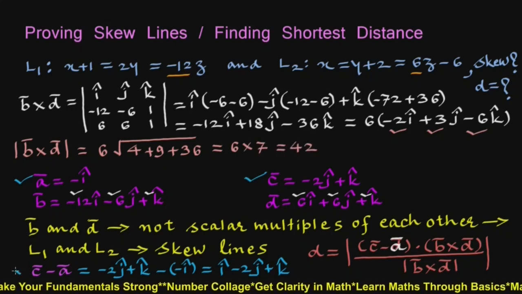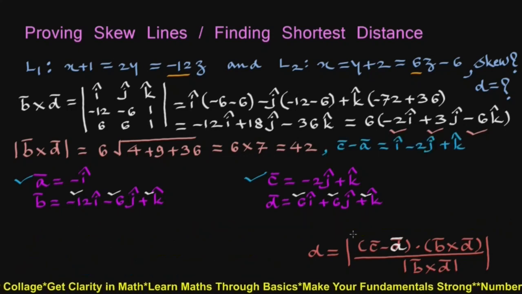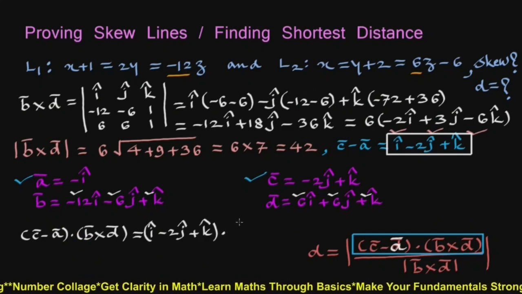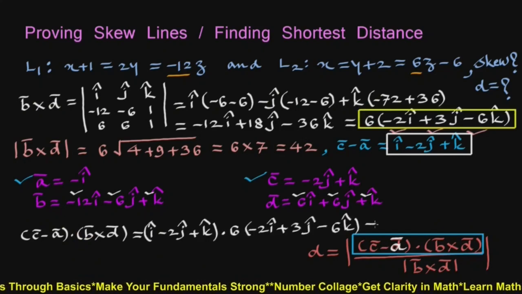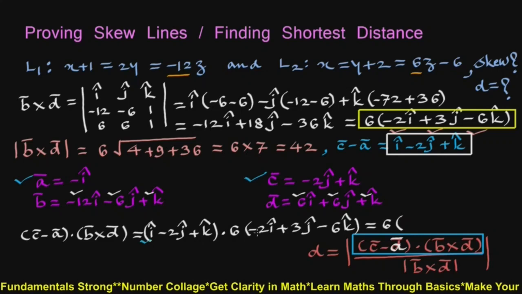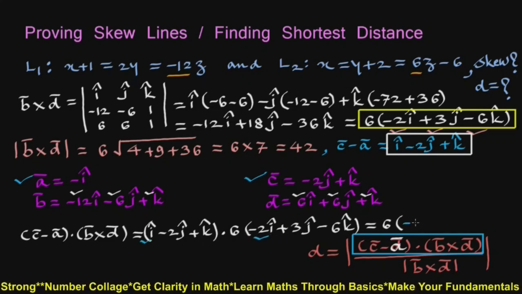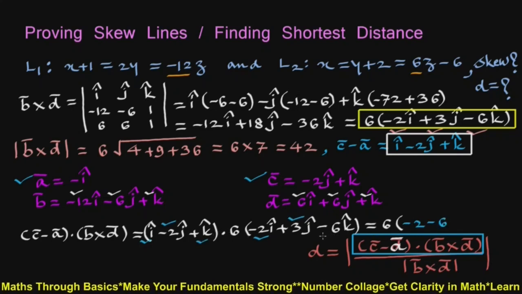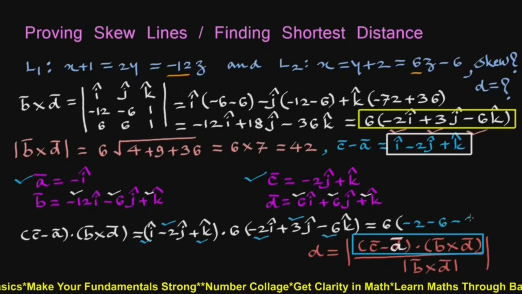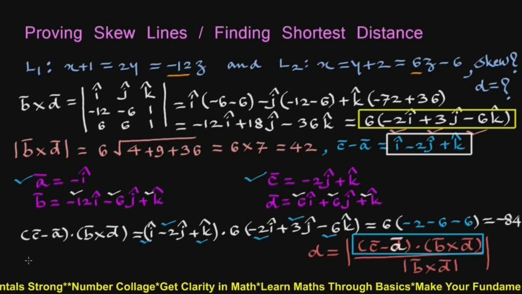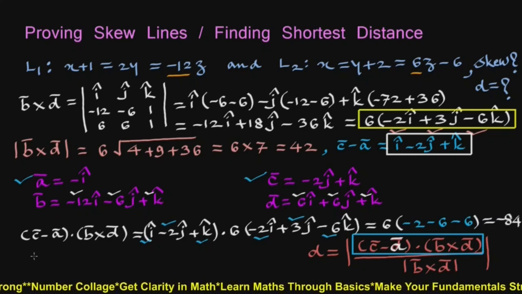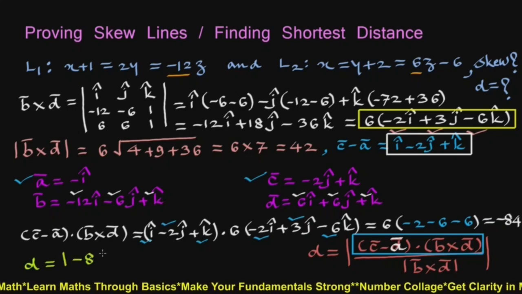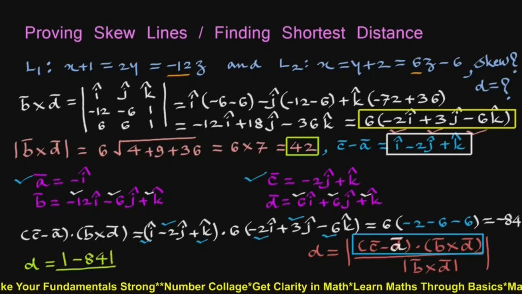We write this c − a here. Now this dot product will be this vector dot this vector, which will be 6 × (1 × −2 − 2 × 3 − 6 × 1) = 6 × (−2 − 6 − 6) = −84. Now the shortest distance between L1 and L2, d, is mod of −84 upon 42, which is 2.